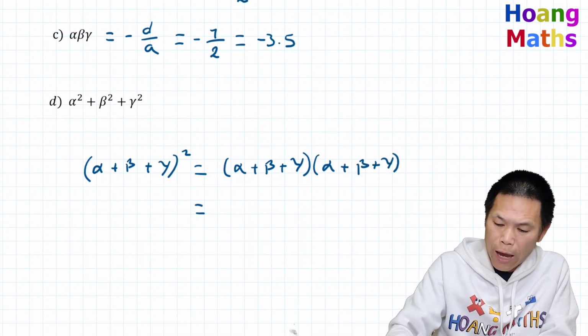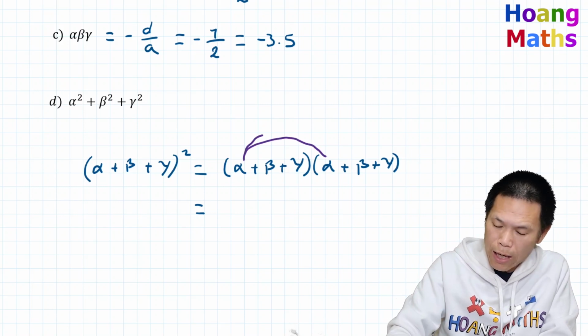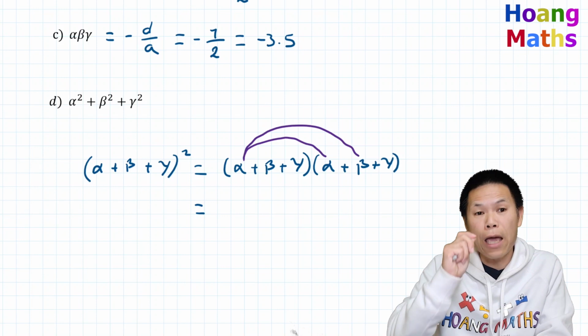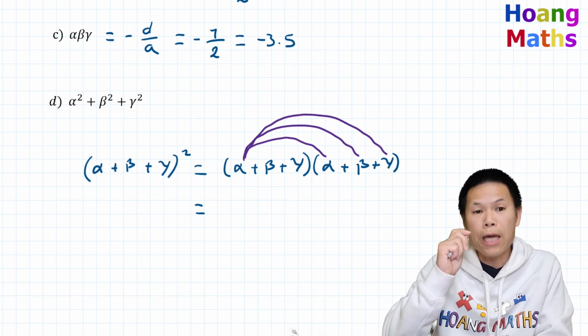So now what we have is alpha times alpha gives me alpha squared, alpha times beta is alpha beta, and alpha times gamma gives me alpha gamma.